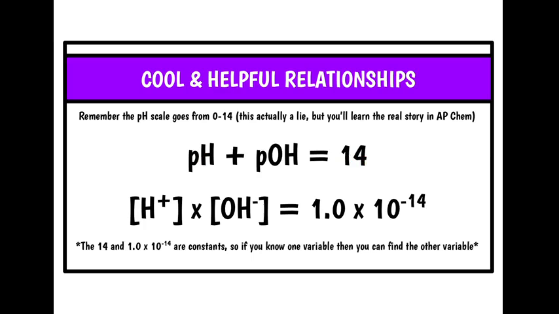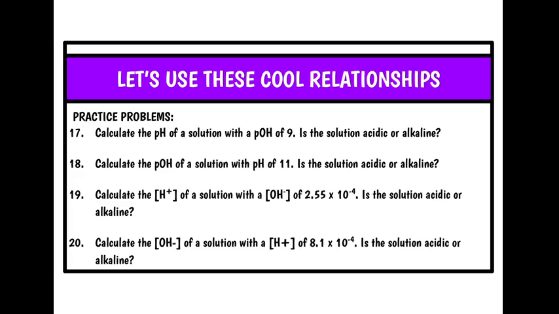And the same thing, if you know the hydroxide, but you need to find the hydrogen ion concentration, you can just divide 1.0 times 10 to the -14th by that hydroxide ion concentration to find the hydrogen ion concentration. So these are going to be super groovy and super helpful.